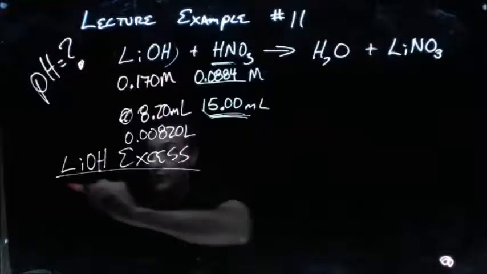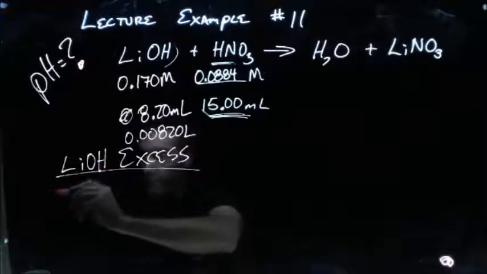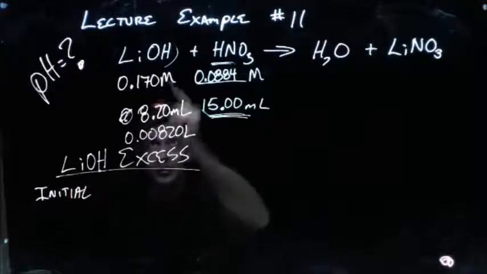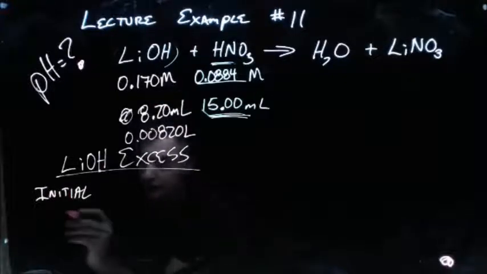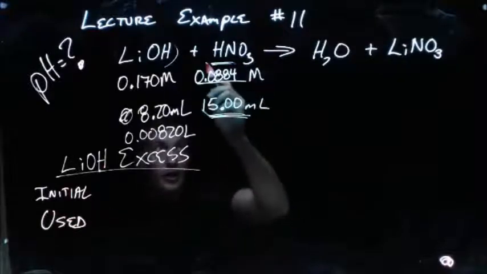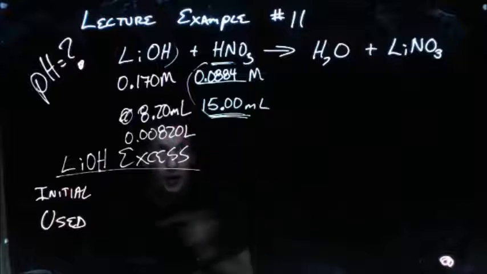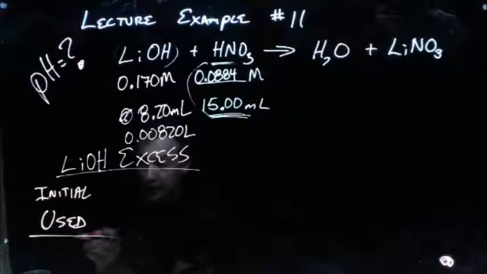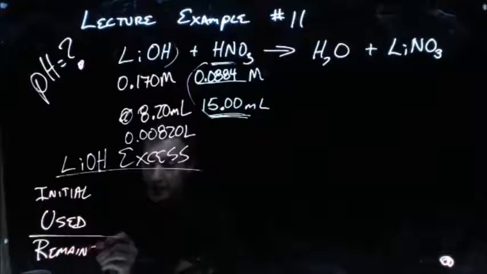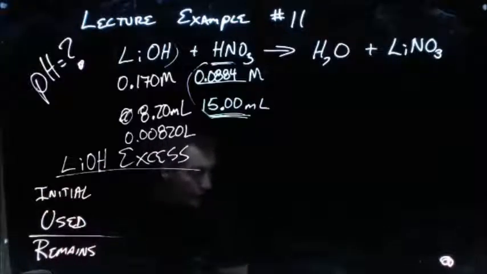So I need to figure out, like before, how much lithium hydroxide did I have initially, how much can be used or neutralized by my available nitric acid, and the difference between those will be how much remains after the reaction is complete.